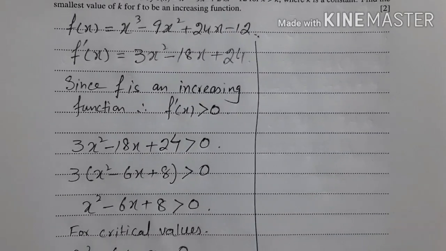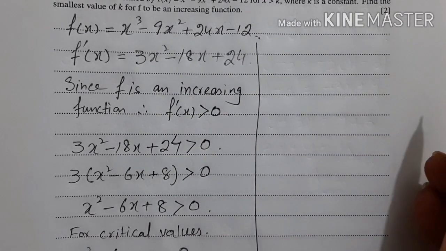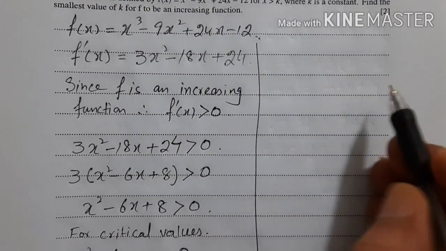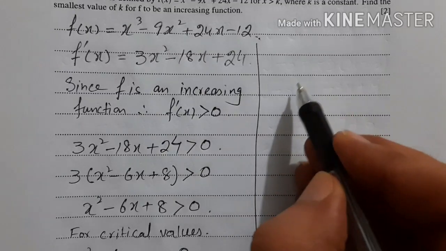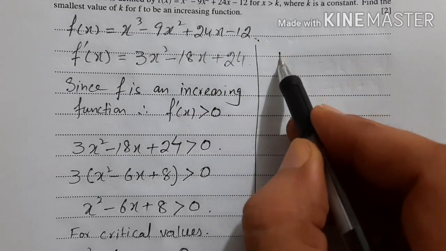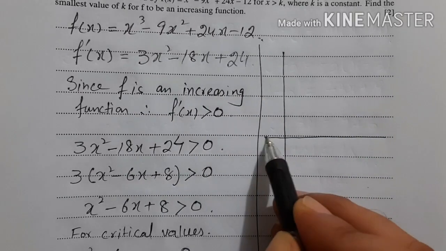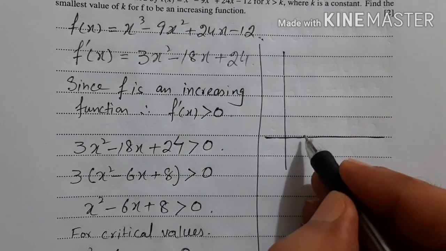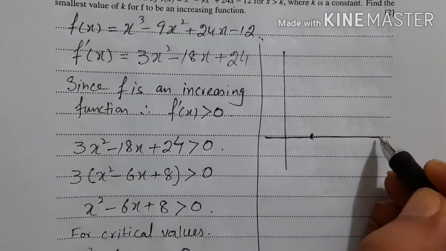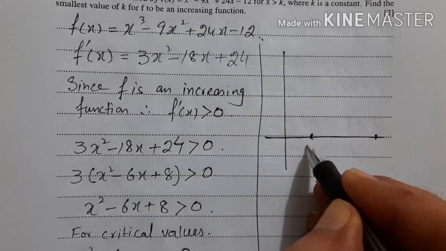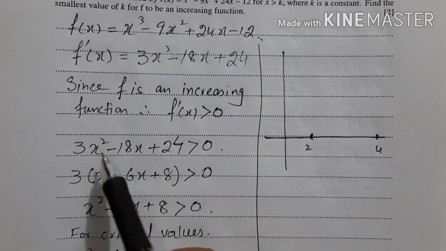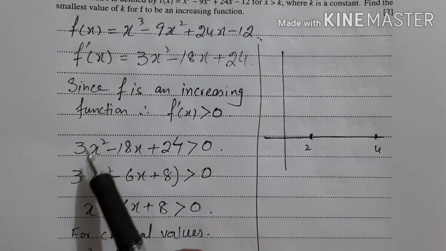For inequality, there are 2 or 3 methods, but I always use this method, which is quite easy for the students as well, the graph method. This is 2 and this is 4. So this is actually a positive coefficient of x.